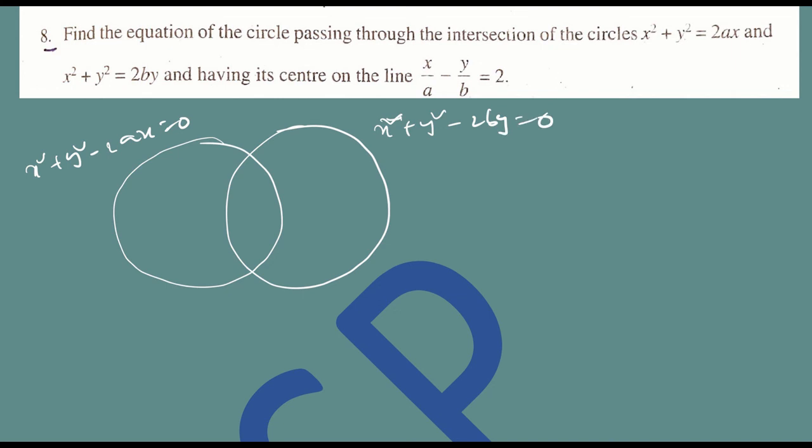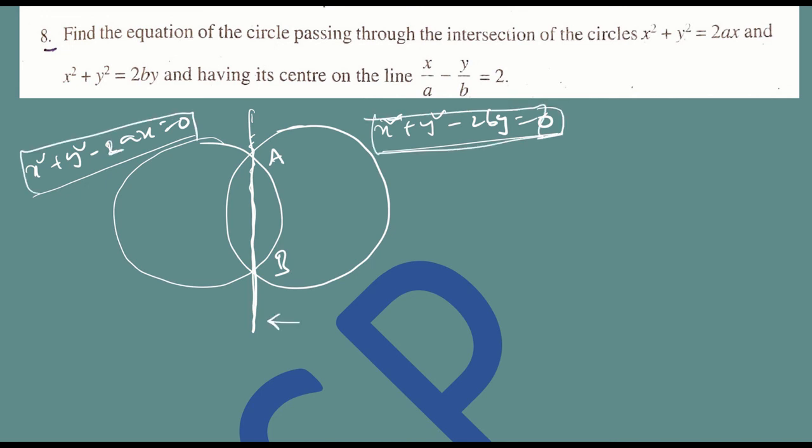I told you, any circle passing through these 2 points is of the form S plus lambda S' is equal to 0, but I said I don't like it. I would like to go with this in terms of this line. So let us first find this line equation. So for the common chord, it is S minus S' is equal to 0. Applying the formula, I am getting ax minus by is equal to 0.